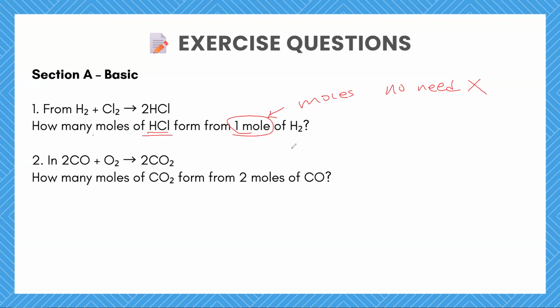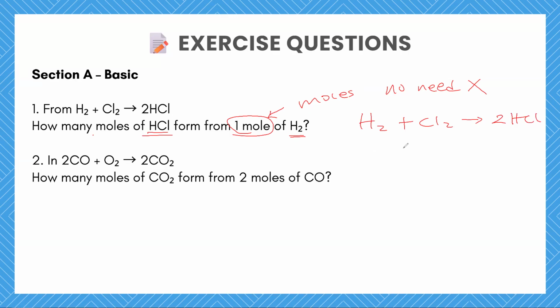Now, what would the mole ratio be? From the question, it was asked of us how many moles of HCl will form from 1 mole of H2. From the equation, we have H2 plus Cl2 given 2HCl. Okay?